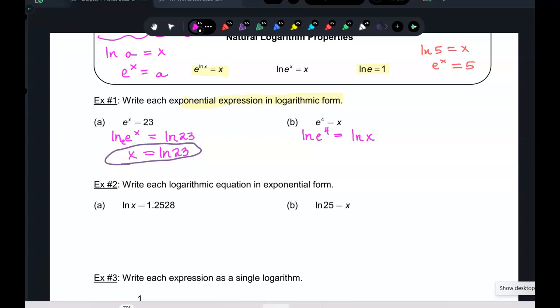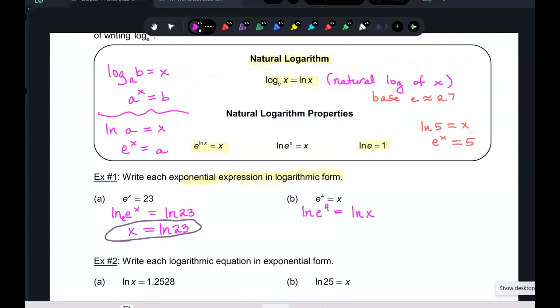Wait, sorry, I'm confused. I understand what e is. I just don't understand what natural log is. ln is just like the other log we did. Natural log is a logarithm with a base of e, or a base of about 2.7.